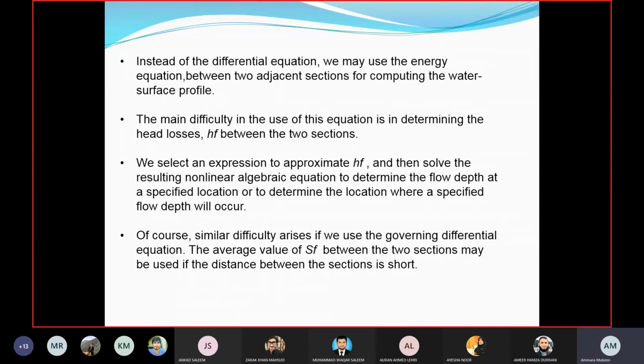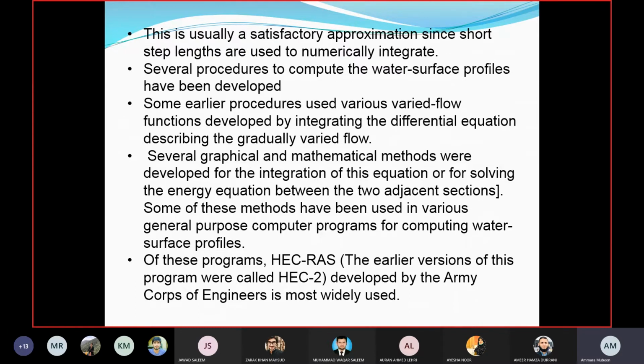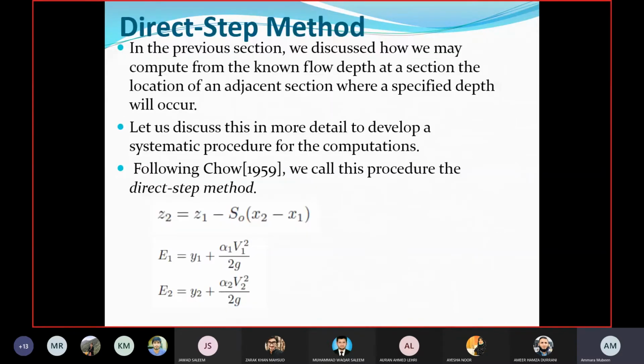Okay, you may read the text written in this presentation by yourself. Quickly go to the method which would be used to compute the water surface depth. Okay, let's discuss the direct step method.